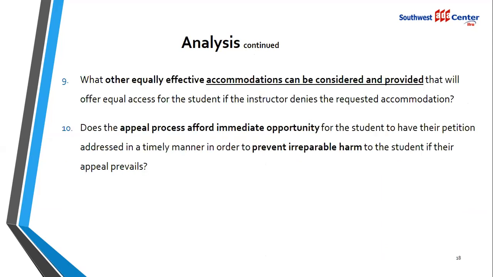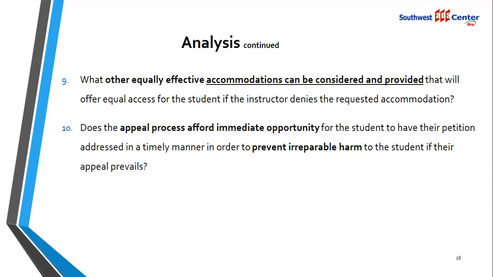Almost there. Number 9. What other equally effective accommodations can be considered and provided that will offer equal access for the student if the instructor or the department denies the requested accommodation? All right, so let's say that the analysis of 1 through 8 has happened.